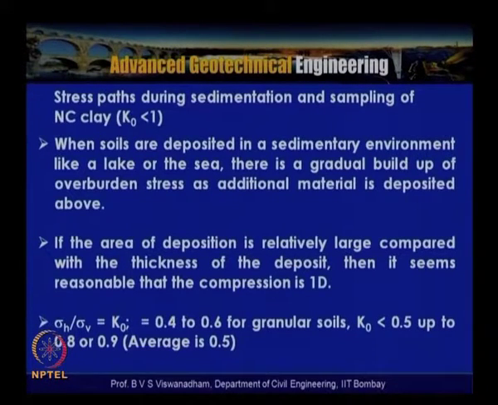With that, sigma h by sigma v is equal to K naught, where K naught is 0.4 to 0.6 basically for granular soils, can be less than 0.5, or a maximum up to 0.8 or 0.9 depending upon the type of soil. The average is about 0.5.